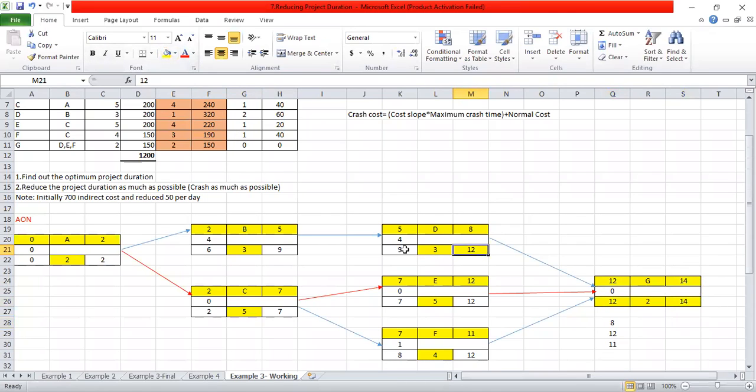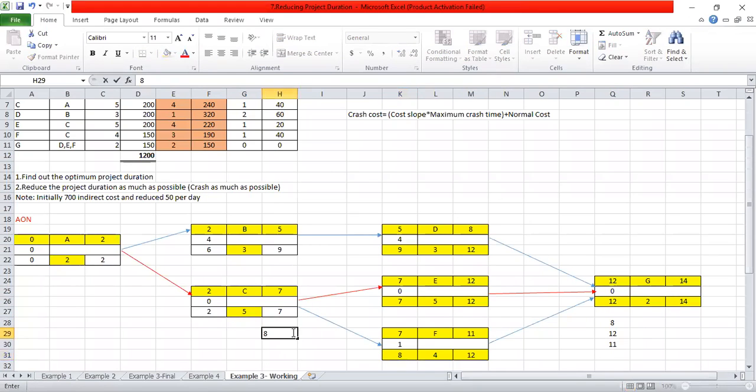12 minus 3, 9 here. 12 minus 5, 7 here. And from that 12, you have to deduct 4, that is 8. And when we are doing the backward pass calculation, what value do you have to take?